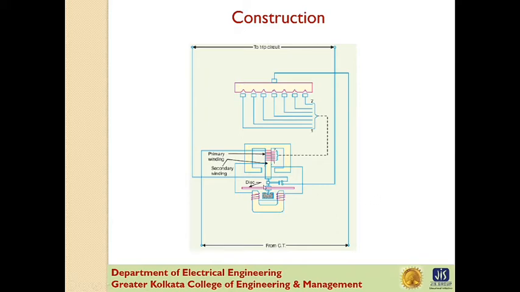It consists of a metallic aluminium disc which is free to rotate in between poles of two electromagnets. The upper electromagnet has a primary and secondary winding.